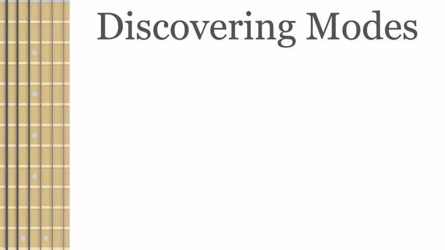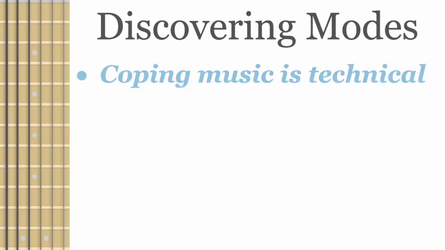So closing out the understanding of modes, one of the things that I think a lot of musicians struggle with, and I know many guitarists, myself included, hyper struggle with, is having tablature as such an easy way to pick up a piece of music and play it right off the bat.